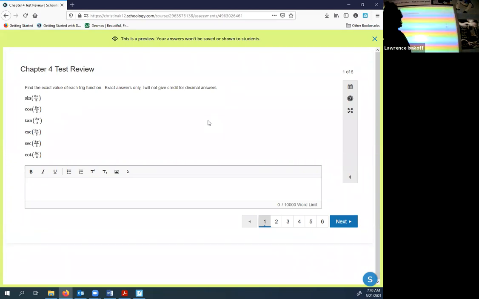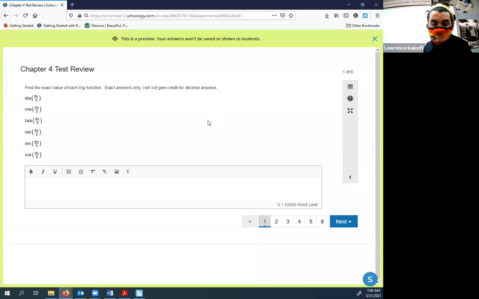So find the exact value of these trig functions. It says sine of 8 pi over 3, cosine of 8 pi over 3. It's all 8 pi over 3. So here's what we're going to do.